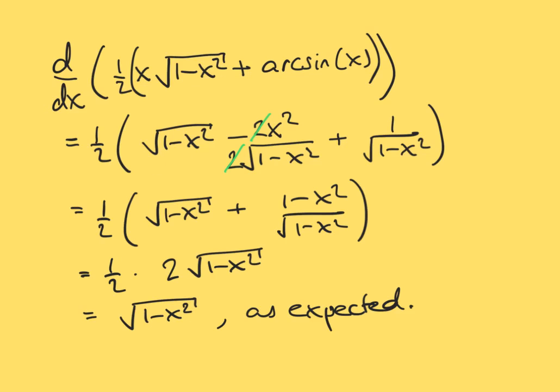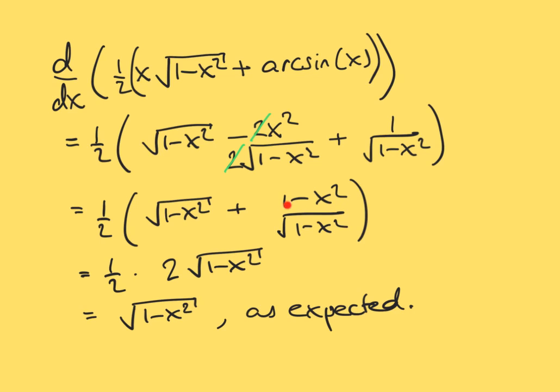So we have 3 terms. You could put all 3 over this denominator and it will still work, or you can just put these 2 first of all over the denominator. I'll write this term first because it's positive, so I have plus 1 over the square root, and this term we have minus x squared over the square root.